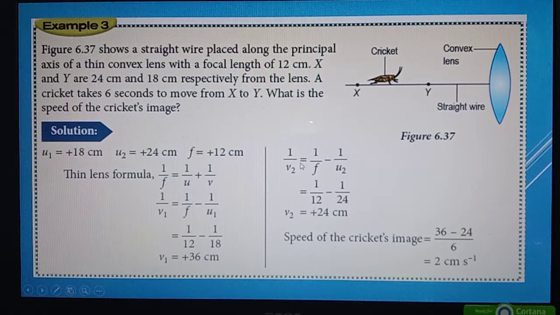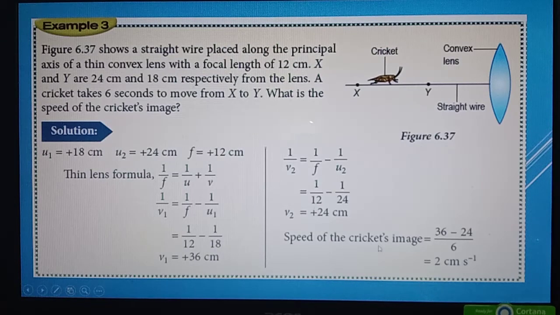And then you calculate v2. You substitute the values of f and u2, 24 cm. So you get the second image at 24 cm. The distance traveled by the cricket's image from X to Y is 36 minus 24, meaning it traveled a distance of 12 cm.